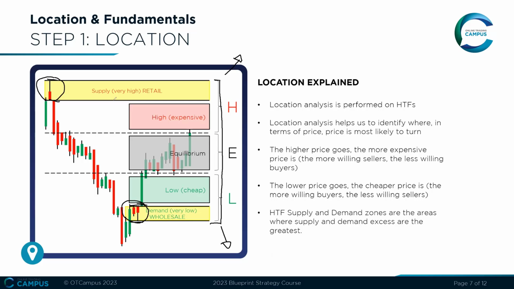Well, we know on a higher time frame where a supply would be very high, or a retail price, and we know where there's demand that would be very low, in wholesale. And everything in between we can then also divide into certain categories. There's going to be a high and an expensive area. There's going to be an equilibrium, where in equilibrium we know, well, we just don't want to act, right?